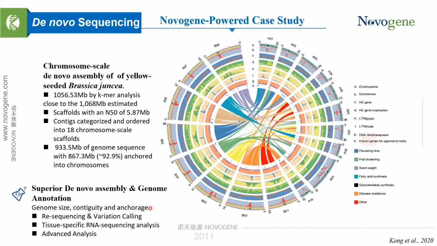So the resequencing was then performed, and the next generation sequencing reads were aligned to these assembled genomes to capture the major genetic variations, and for the advanced analysis to reconstruct the evolutionary and domestication history of this diverse agricultural crop species.